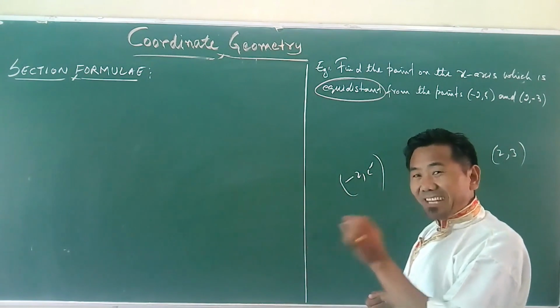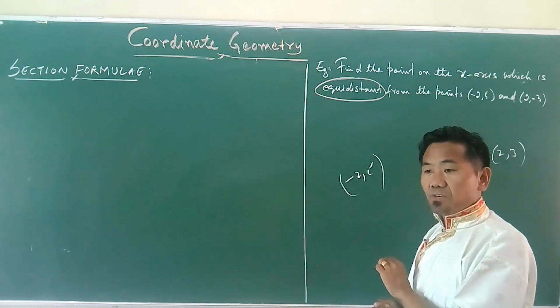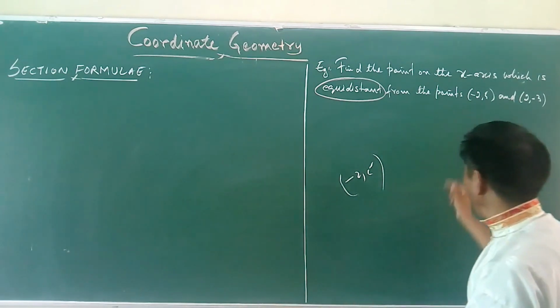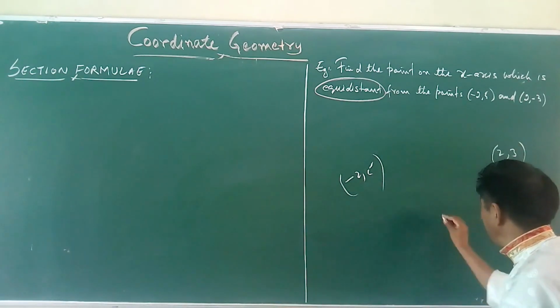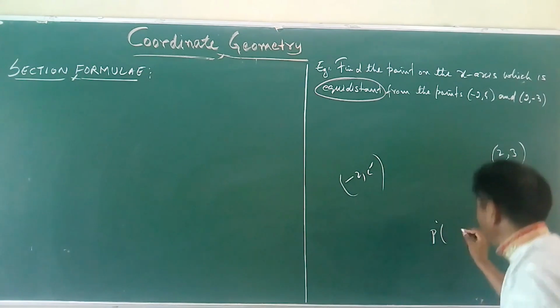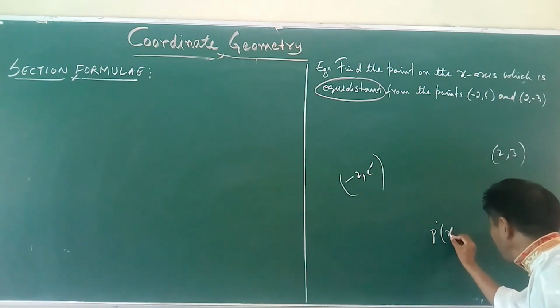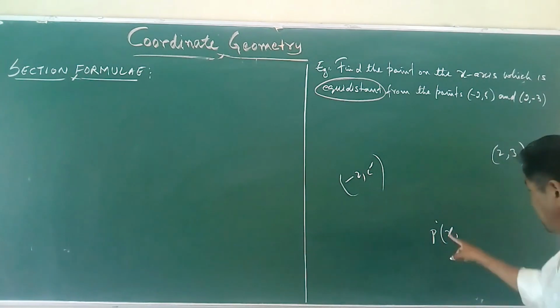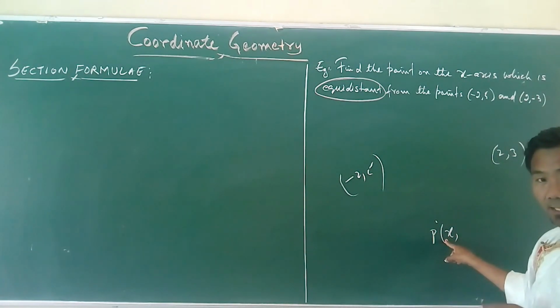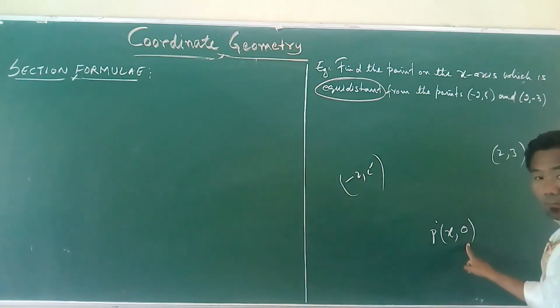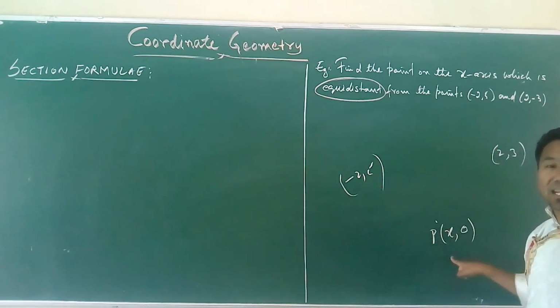If the point is on the x-axis, it means y is equal to 0. Suppose this is the point P on the x-axis; the x coordinate is the value x itself, but the y coordinate is 0 because this point is on the x-axis.